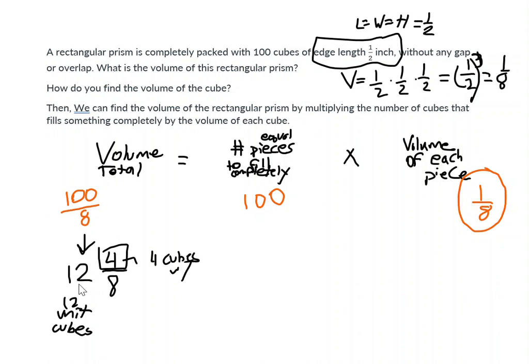So I'm able to pull out 12 whole cubes with a unit by unit by unit dimension, but I'm left with 4 smaller cubes with a volume of 1/8 each.